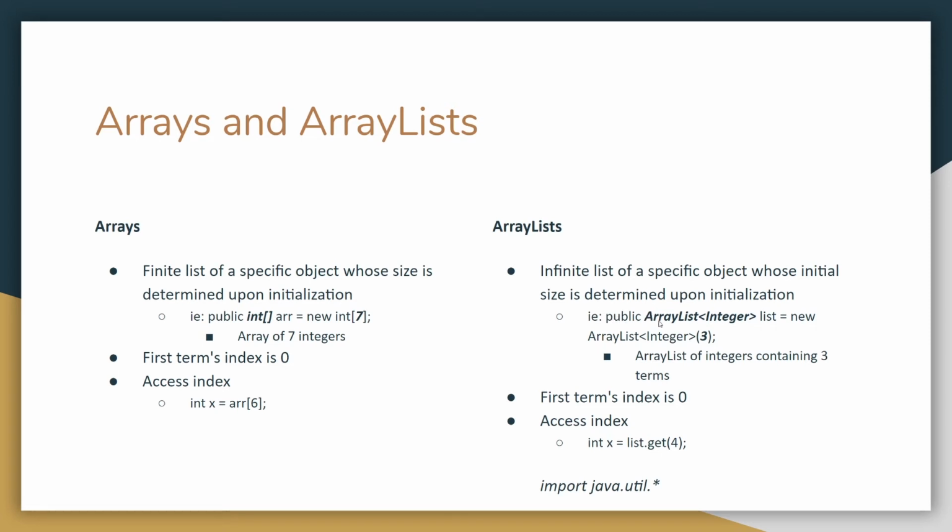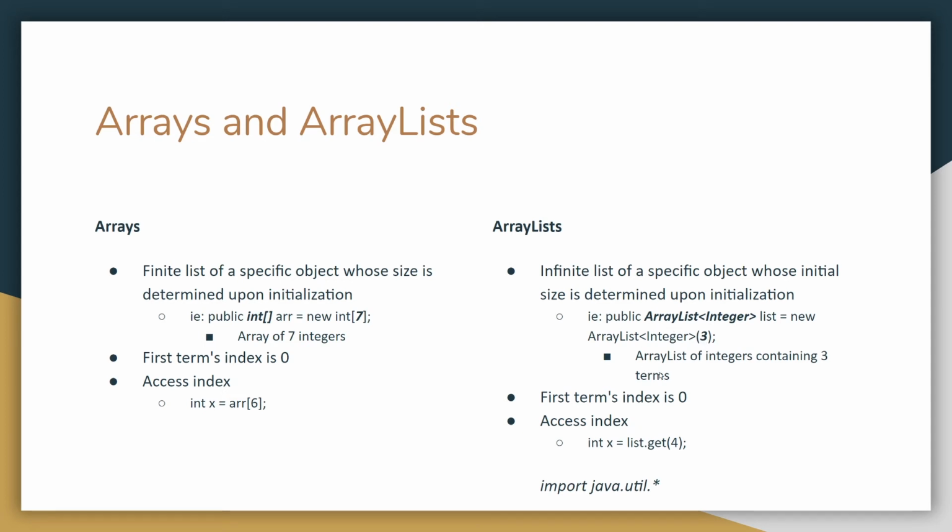It is declared as such: public ArrayList, and you capitalize the A and L, then you use angle brackets and put whatever type is going to go inside of the array, whether that's Integer, Double, String, whatever. Then you give the name, equal to new ArrayList, angle brackets, same type, and then in the parentheses you can put the size of that array list.